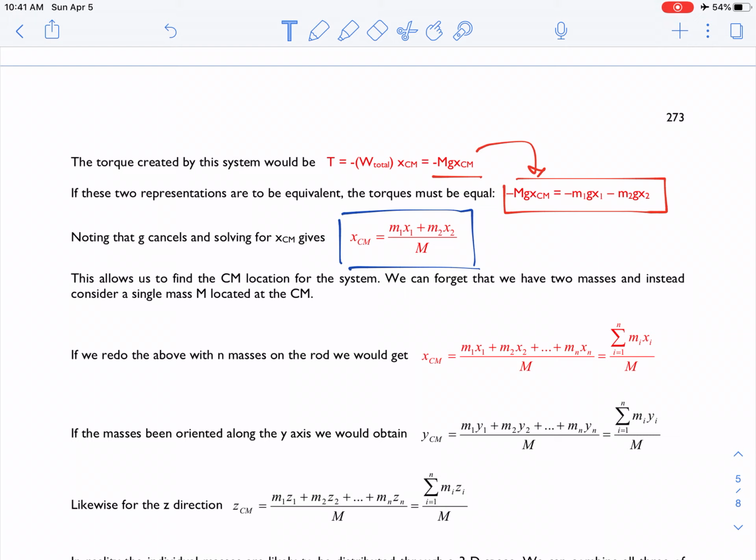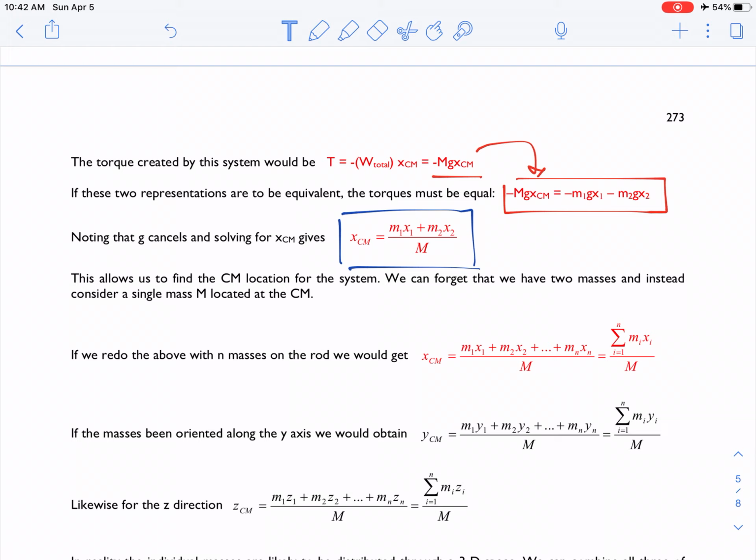And maybe you have n number of pieces, okay? Can go to many pieces. And you divide by total M. This M is not just m1 plus m2. This is considering all those masses added, m1 all the way to m sub n. And as you can see, at the top we have the summation of m times x.